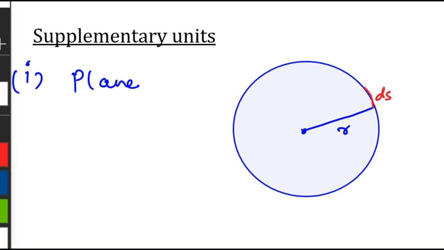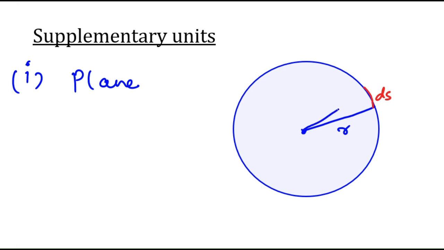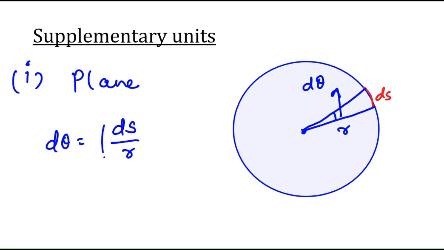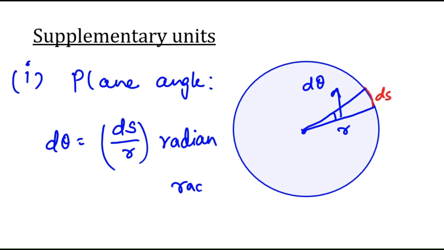The angle subtended by this arc ds at the center, let's say this angle is d theta. So we have the definition: d theta equals ds by r, and this is represented in terms of radian, and radian is the unit of plane angle. In short, rad.